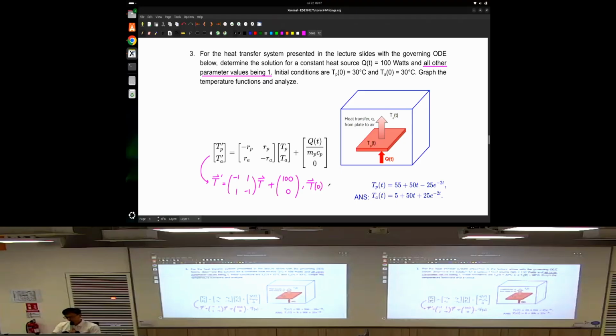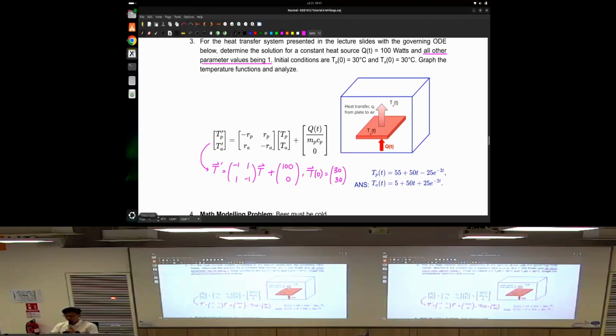So T at t equals 0 will be 30, 30. This one is easy, so you can do it yourself.